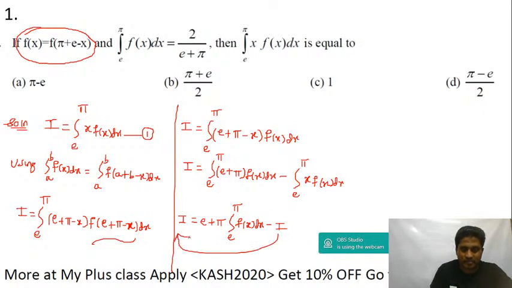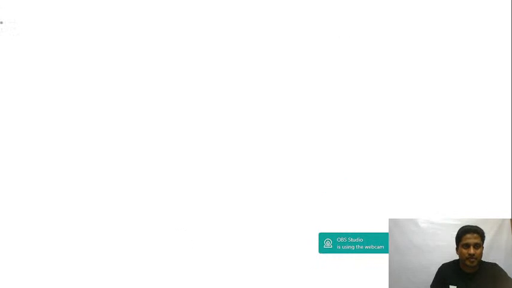I'm going to shift this to the left side, so this becomes 2I. So 2I is equal to e plus pi times the integral from e to pi of f of x dx.